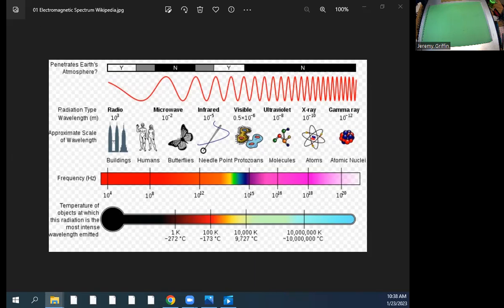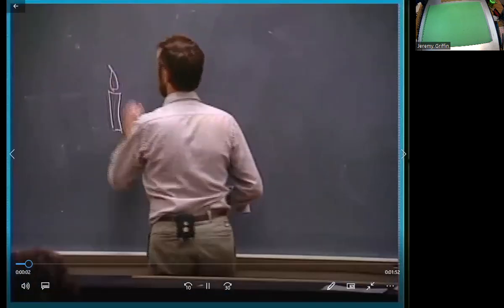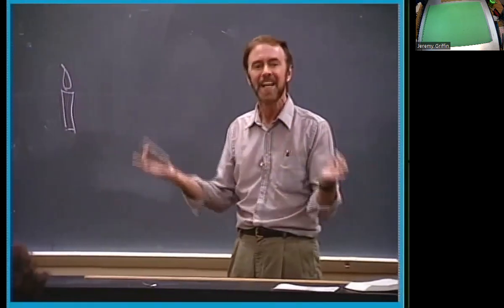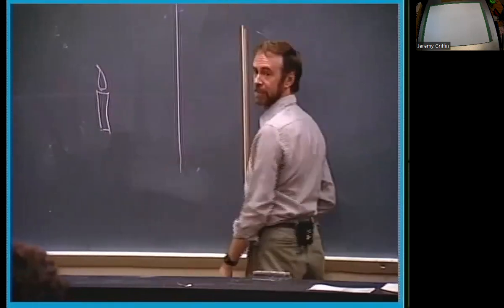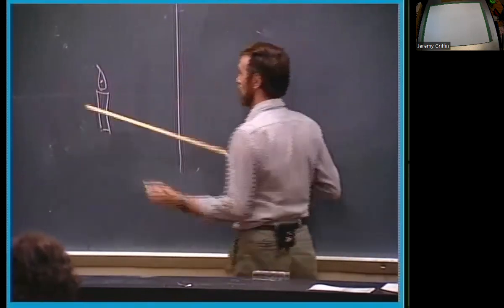Let me bring in Paul Hewitt to show you guys how mirrors work, and we'll build from there. Consider a candle. All optics books consider candles for objects. Now we're going to look at the image that this candle gives in a mirror. Let's suppose right here we have a mirror surface. Light, let's just take from this point, goes in all directions.